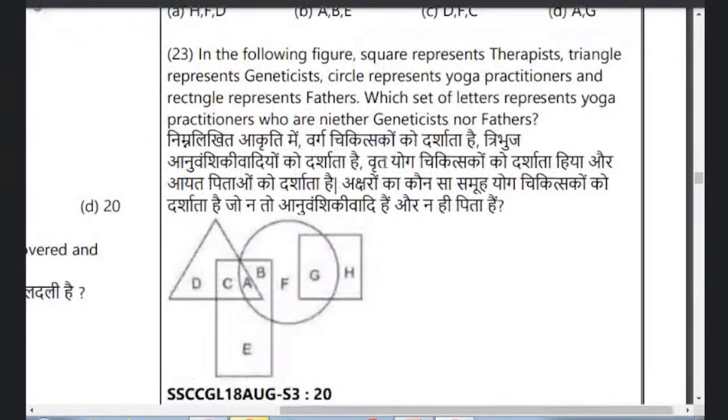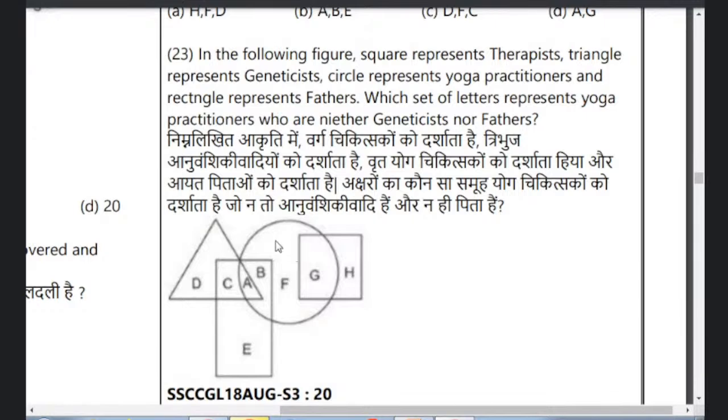In this figure, square represents the therapist, triangle represents the gymnast, circle represents the yoga participant, and rectangle represents the father. Which letter represents the yoga participant, who is neither gymnast nor father?